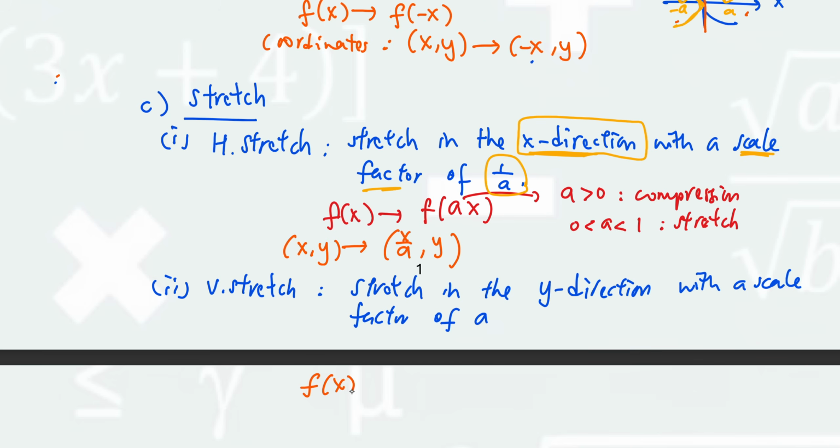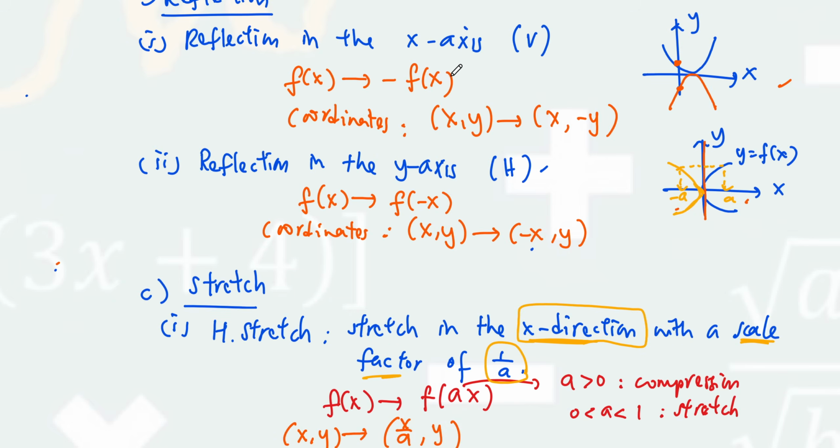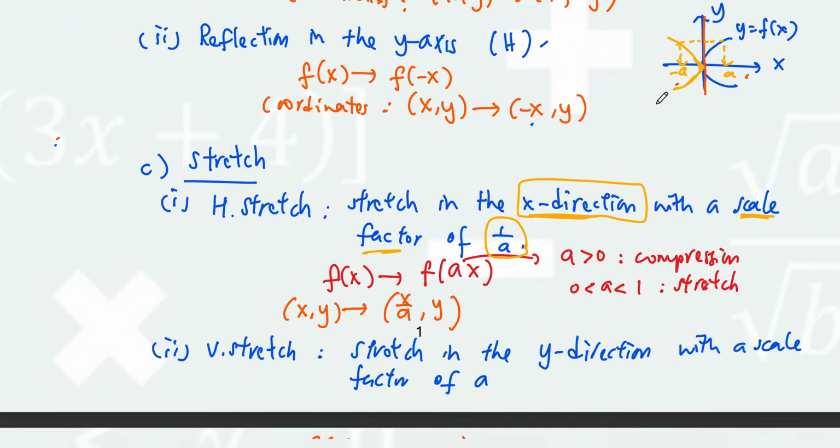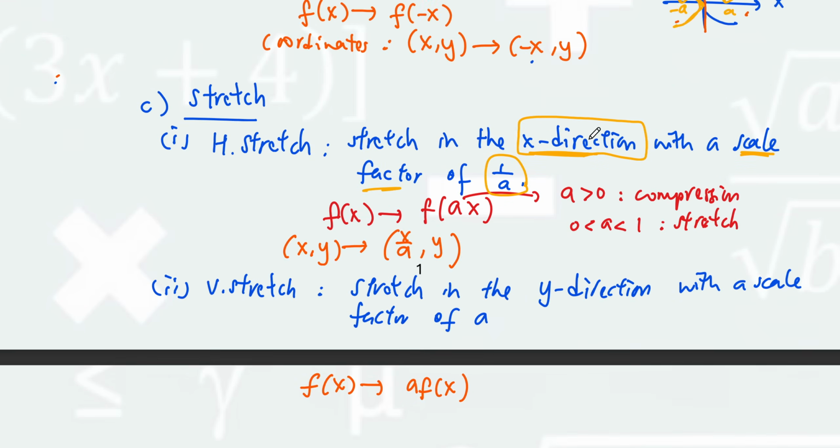The function is basically a f(x), because we know that vertical stretch means it will be affecting the y value. The y value is changing, so now it becomes a f(x). Then from here, my coordinates (x, y) will be changed to (x, ay).